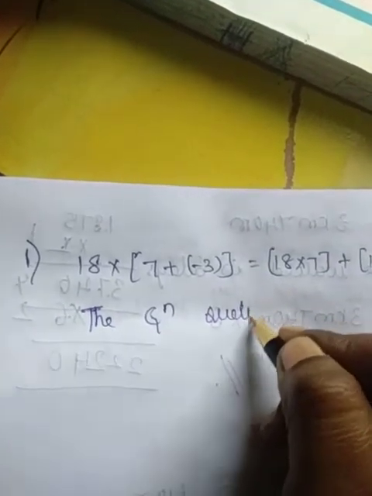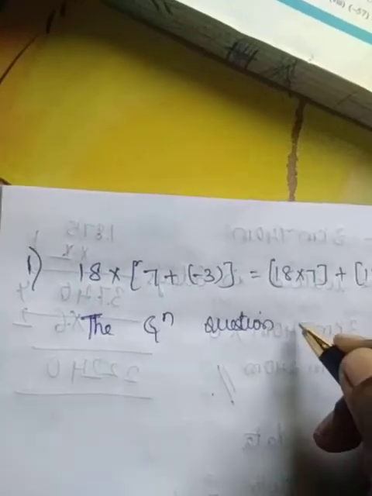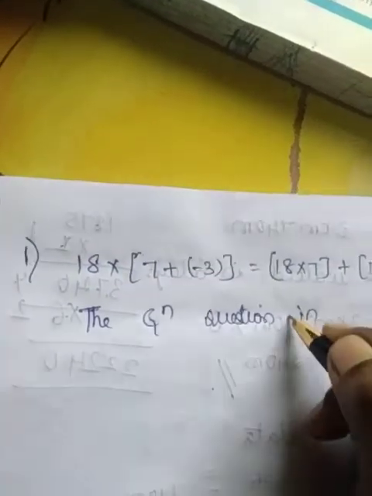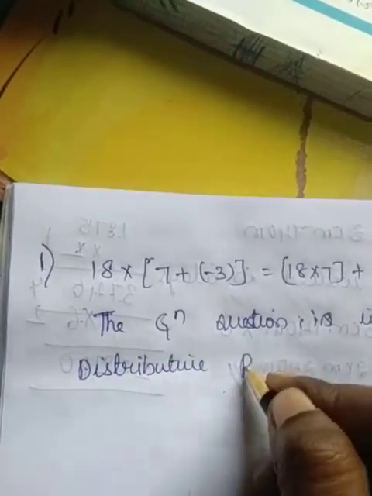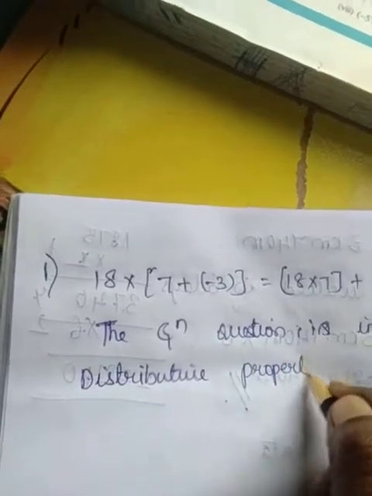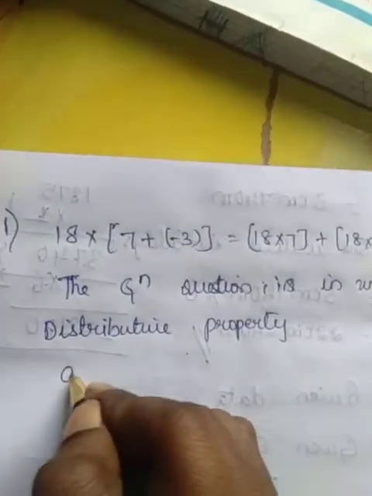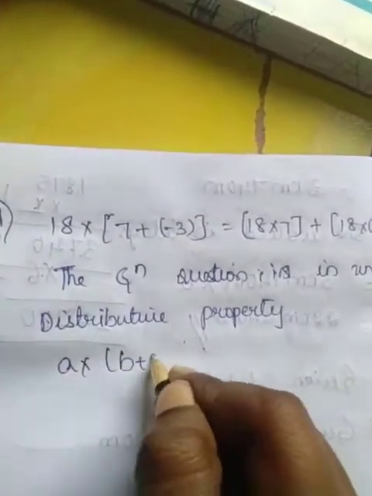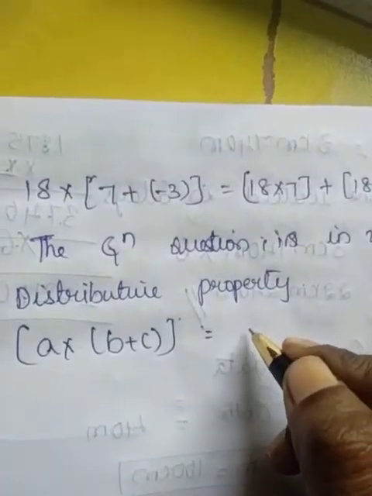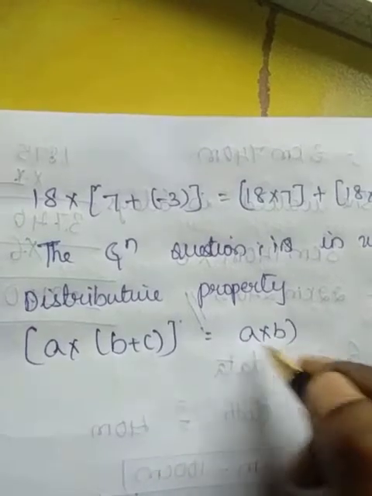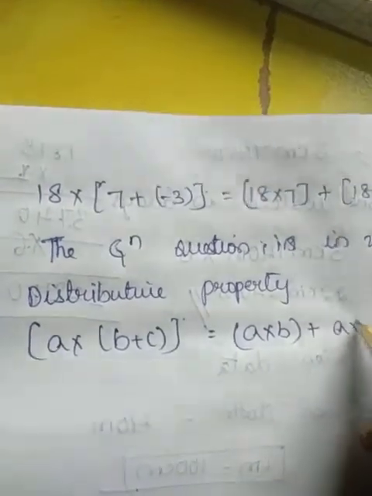The given question is in which property? Tell me, all of you. Distributive property. That is a into b plus c equal to a into b plus a into c.